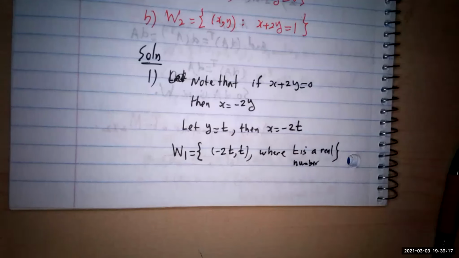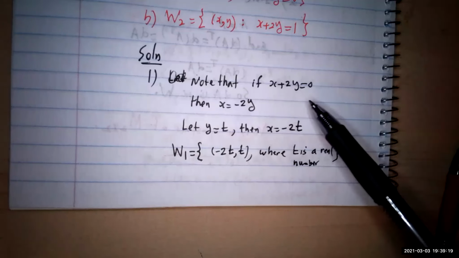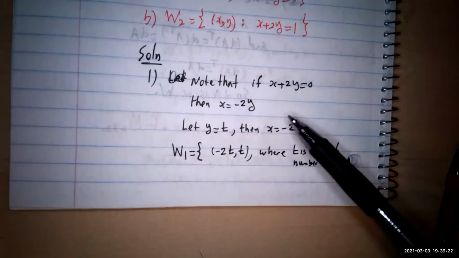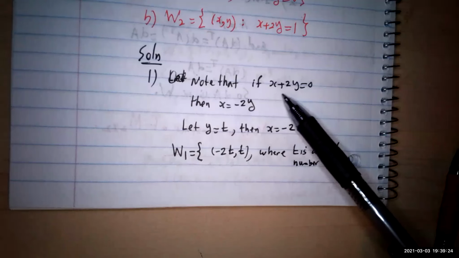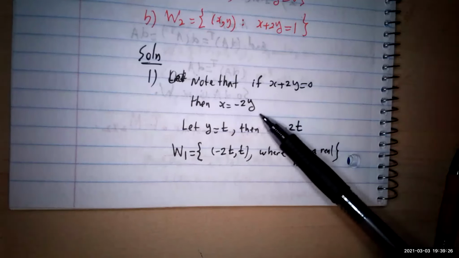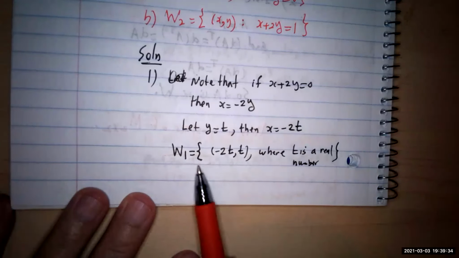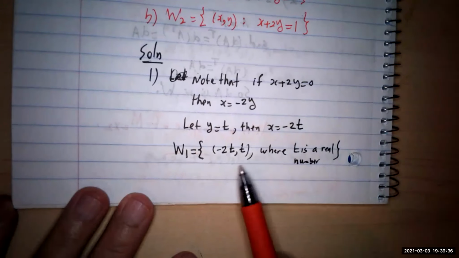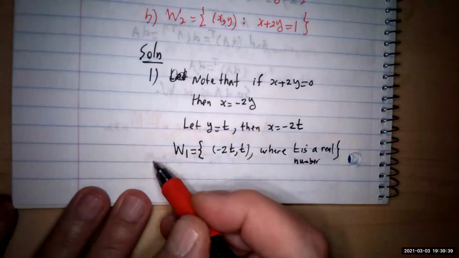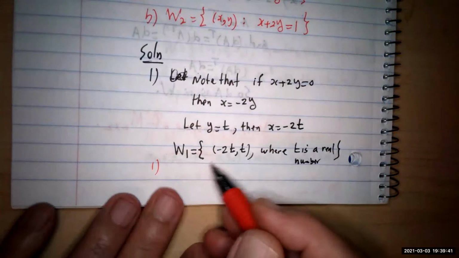It's an equation in two variables, so you just move the 2y to the other side, and y is going to be a free agent if you like. Now we can check quickly if this is going to be a vector space. Condition one: pick two members.